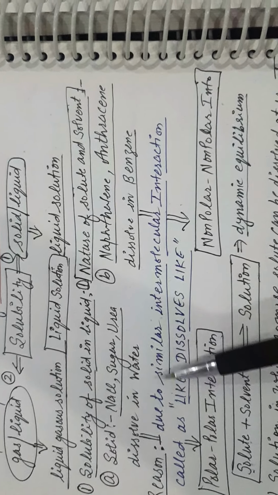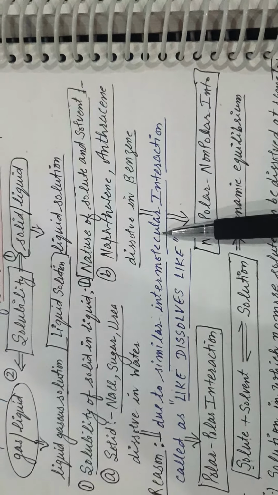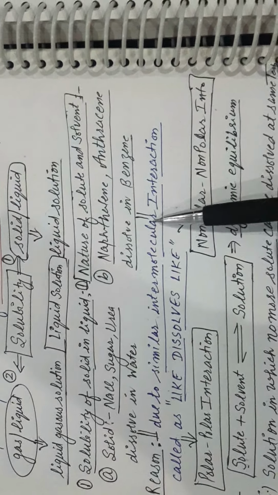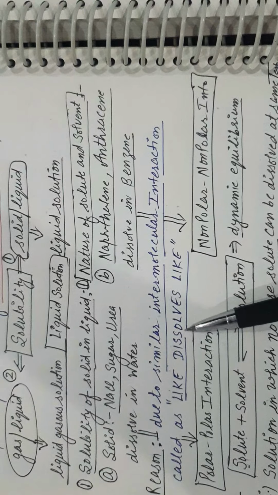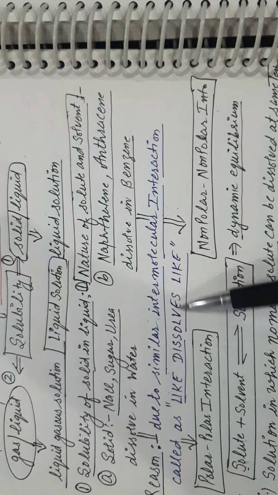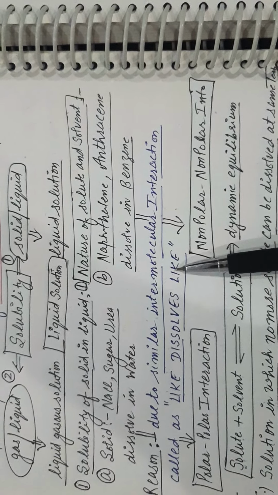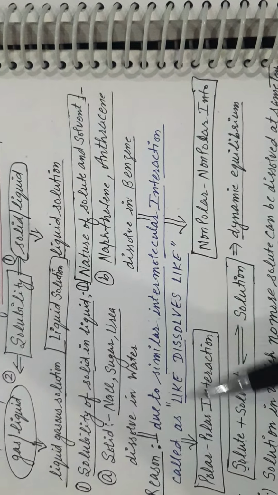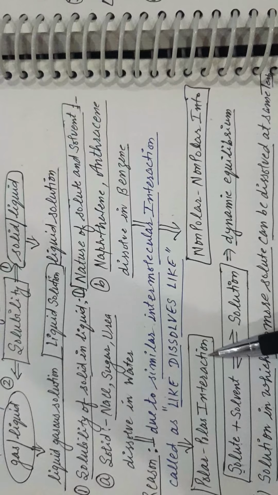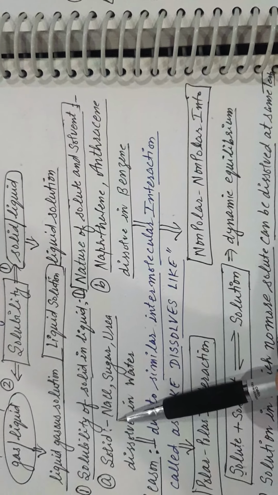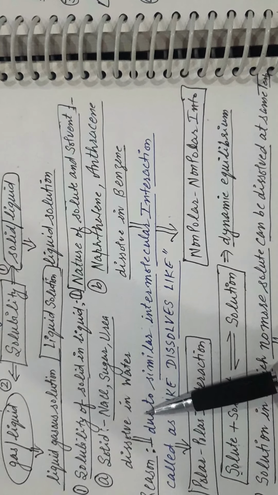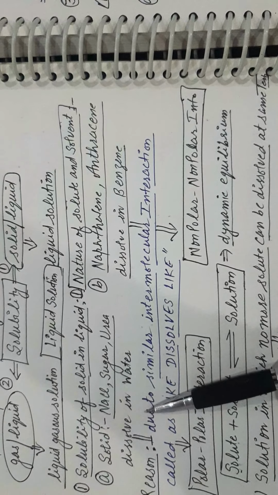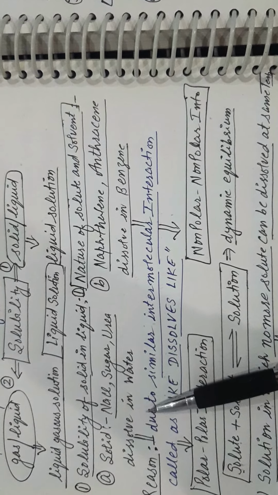The reason is similar intermolecular interaction, which is called the famous term like dissolves like, that is polar substance dissolves in polar substance due to polar interaction. In this case, sodium chloride is dissolved in water due to polar interaction.